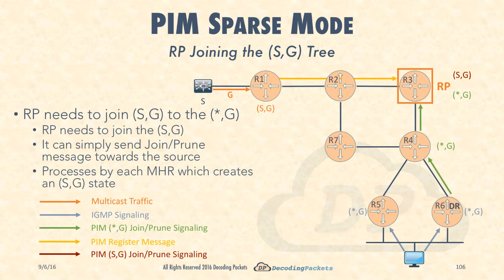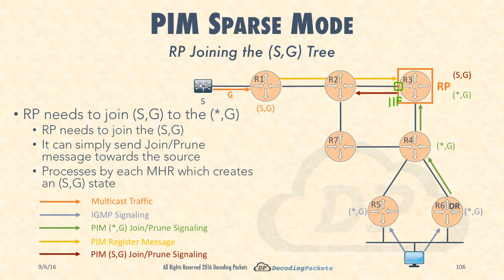What it does really is it sends that message to R2, because for this source S, R2 happens to be the RPF neighbor. Before doing that though, R3 will be doing two things, right? The R3 router would take this outgoing interface and treat that interface as the IIF for that S, G state.